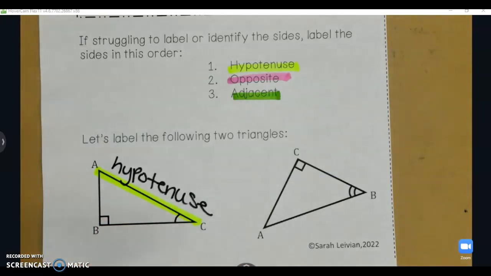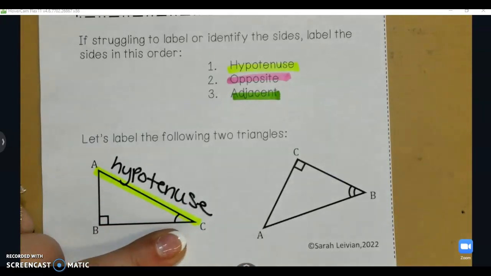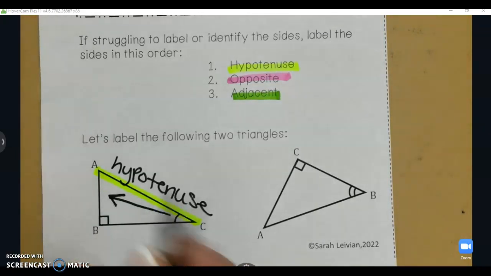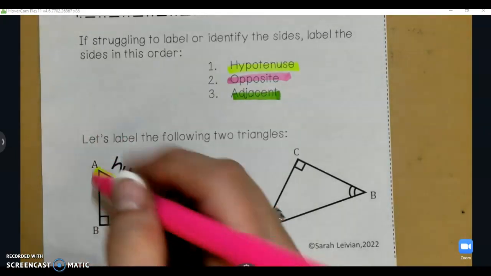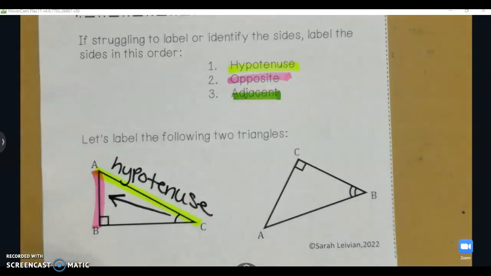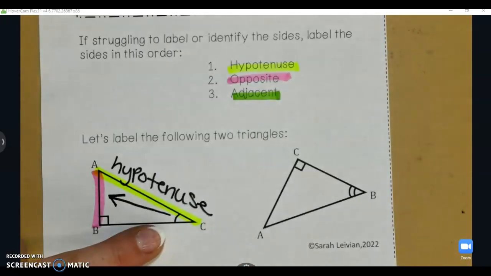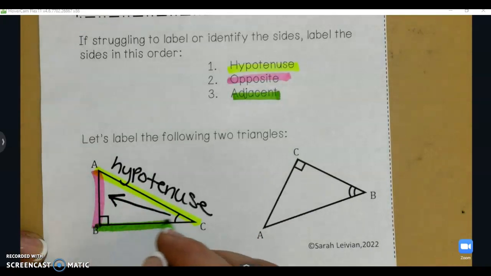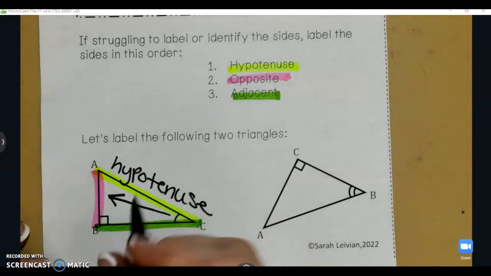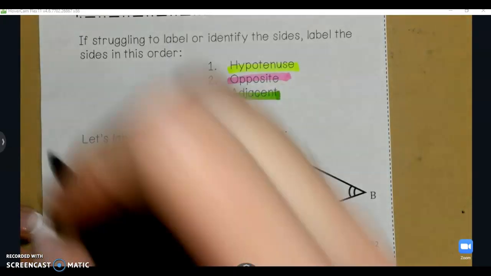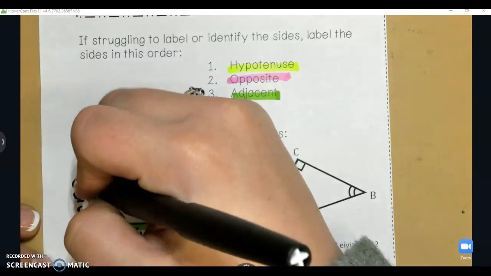My opposite side, if angle C is my given angle, the opposite side is going to be AB. There's my opposite side, which means my adjacent side is going to be the one next to it. Okay. So here we have our adjacent and opposite.